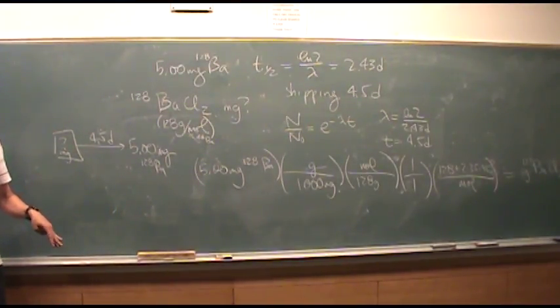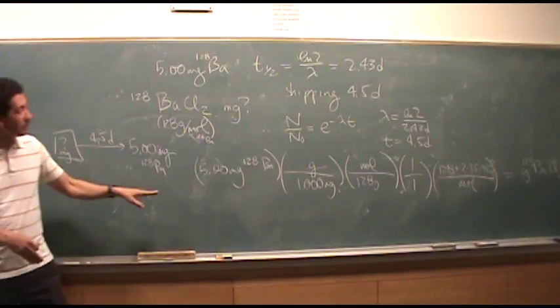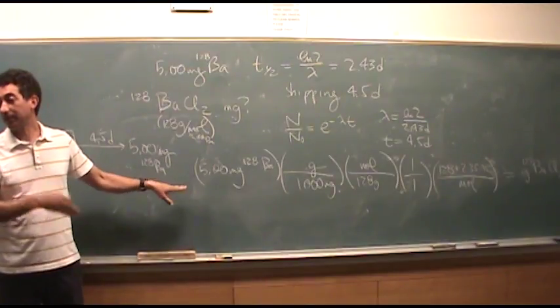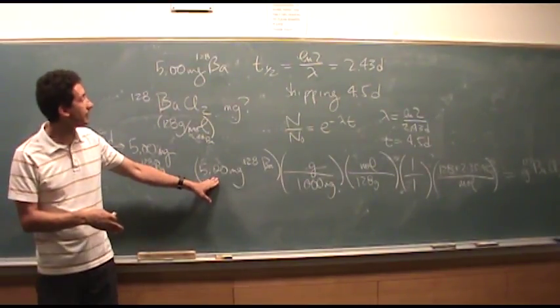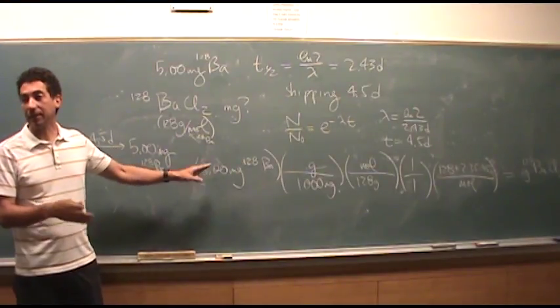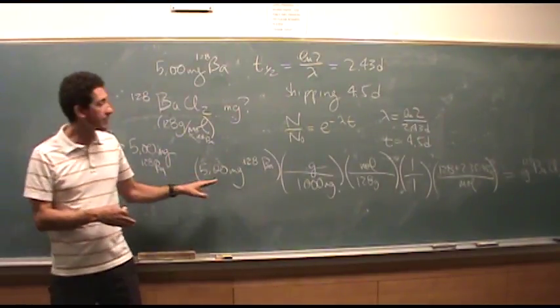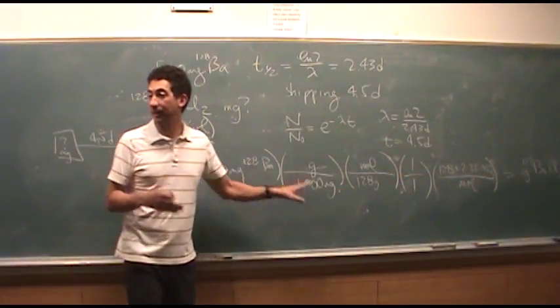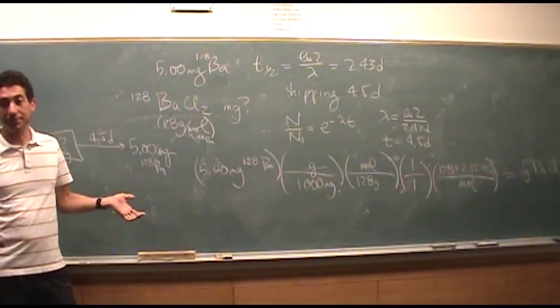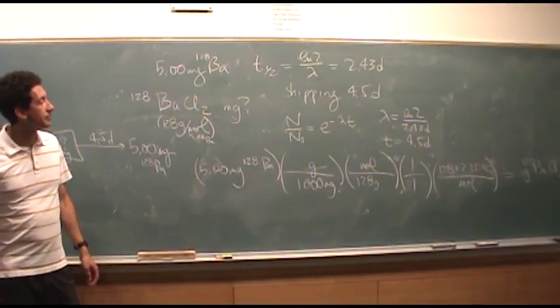Is that okay? This is the mass of barium chloride needing to arrive at the researcher's lab after 4.5 days. Because she wanted 5, right? But it comes in the form of barium chloride. So this is my Chem 2A calculation to get to the mass of the barium chloride as a compound. Okay.